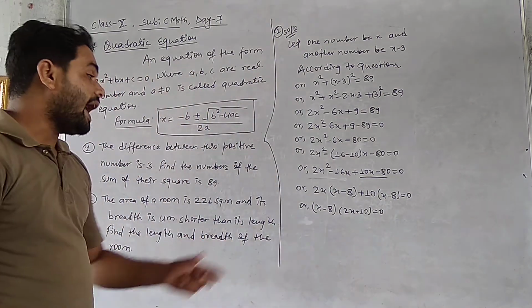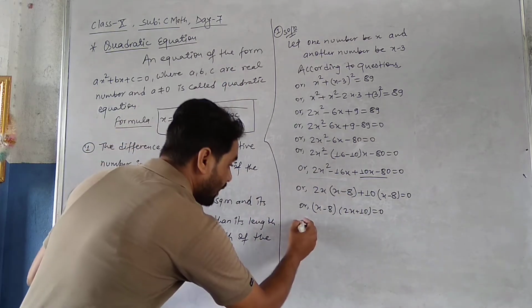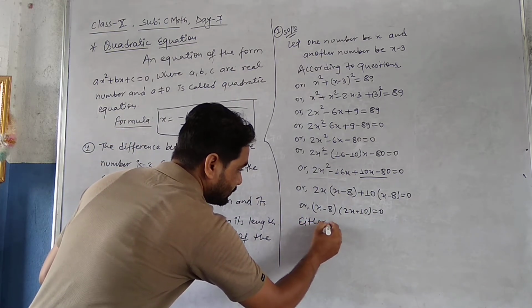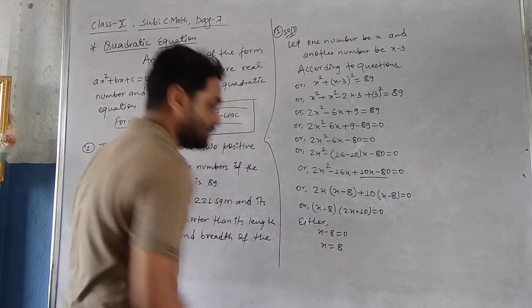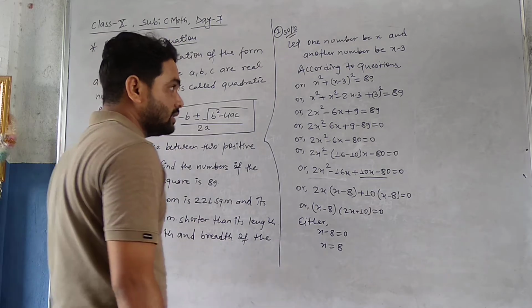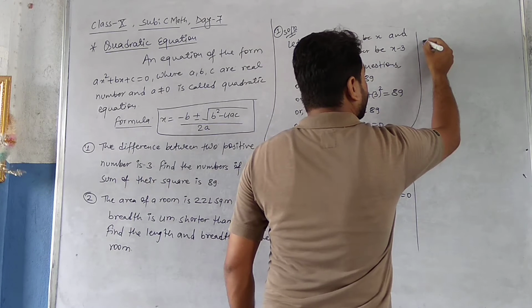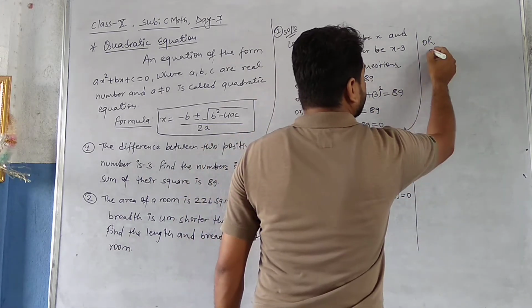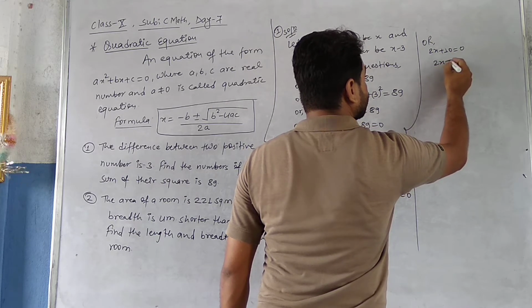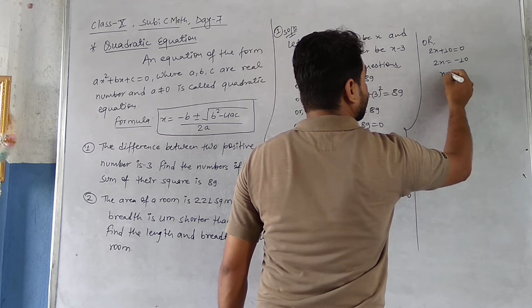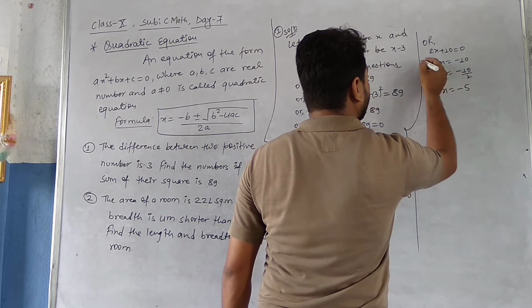Now either this equals 0 or this equals 0. Either x minus 8 equals 0, x equals 8, or 2x plus 10 equals 0, that means 2x equals minus 10, x equals minus 10 by 2, that means x equals minus 5.